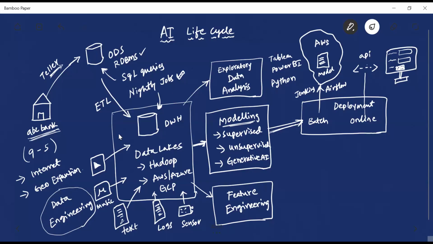Now, apart from this, the entire AI space also requires some other components. For example, they require components called monitoring. So monitoring has two other important things like explainability and then fairness.